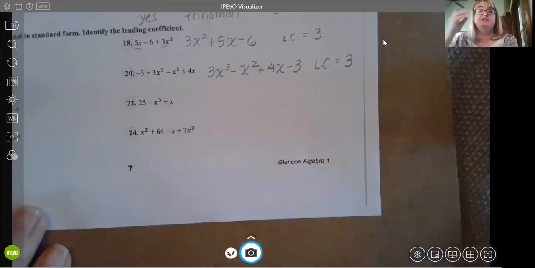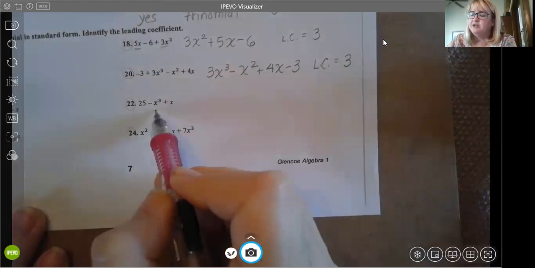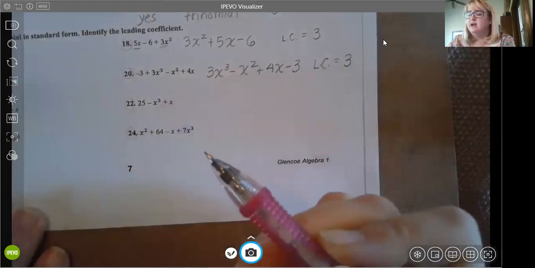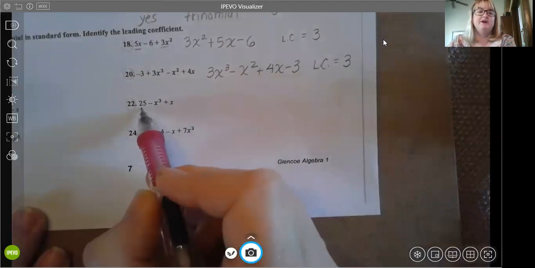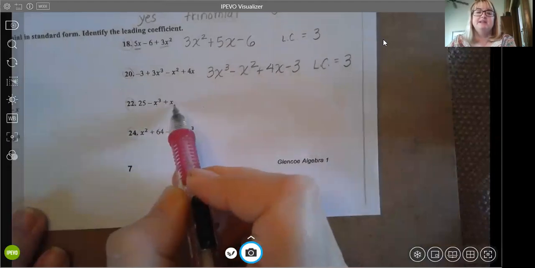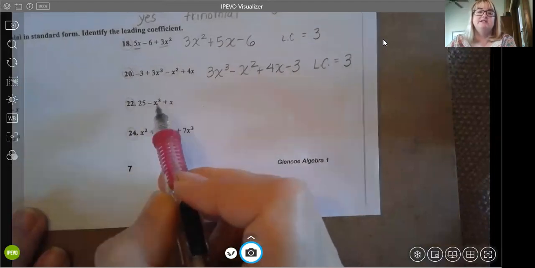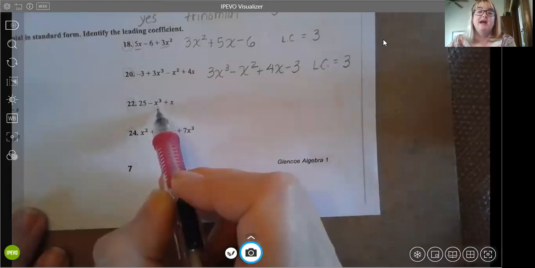All right, let's look at 22. 25, -x cubed plus x. All right, we cannot combine like terms. 25 has a degree of 0. -x to the third, the degree is 3, plus x, the degree is 1. So we have to start with this one. It has the highest degree, and it is negative.